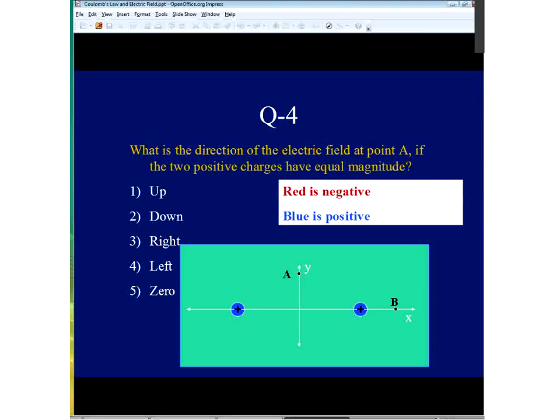All right, then here comes the next question. Now we have both positive. Sir, up. At point A, upwards. All right, let's see. I think it is correct.